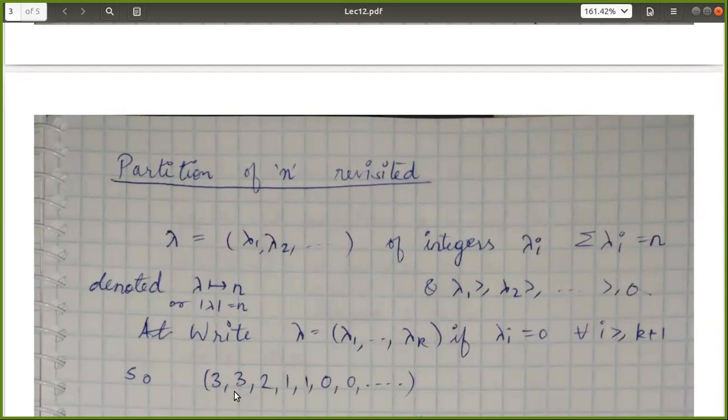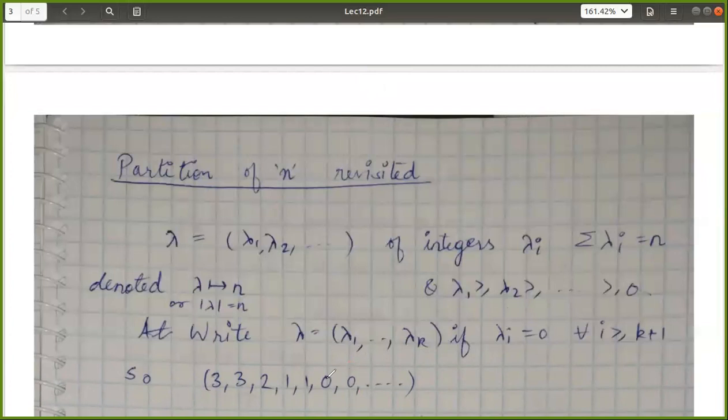Okay, so if you have any lambda to be 3, 3, 2, 1, 1, 0, 0, and everything is 0 from now onwards, the interpretation is 3 plus 3 plus 2 plus 1 plus 1 plus 0 plus so on. So this is going to be the same as 3, 3, 2, 1, 1, 0, 0, and you put a bracket here. You could safely put a bracket here using this data, right?